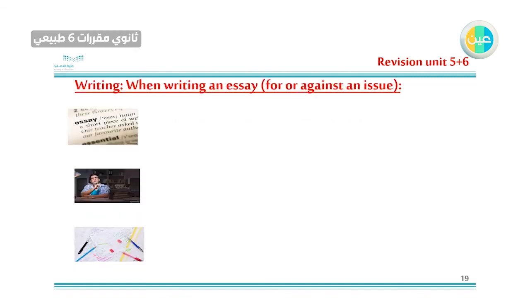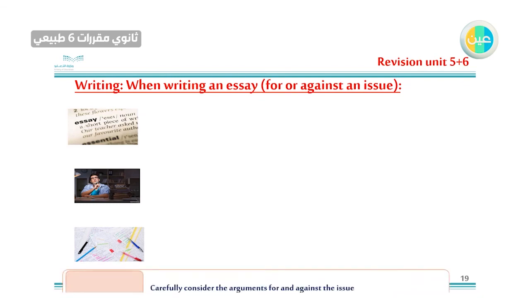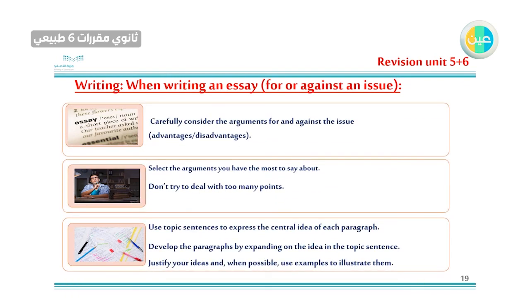Okay, for the writing essay, here you will write about something you are with or against, for or against an issue. Okay, we call it an argumentative essay. Number 1, carefully consider the arguments for and against the issue, advantages and disadvantages, pros and cons.